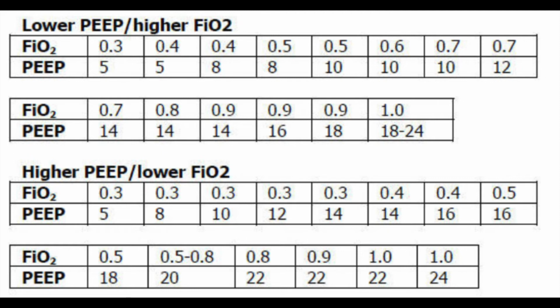So we can follow the FiO2 to PEEP table. For example, if the patient is on an FiO2 of 1, often you need to give a much higher PEEP than a person with a lower FiO2. So that's the initial settings.